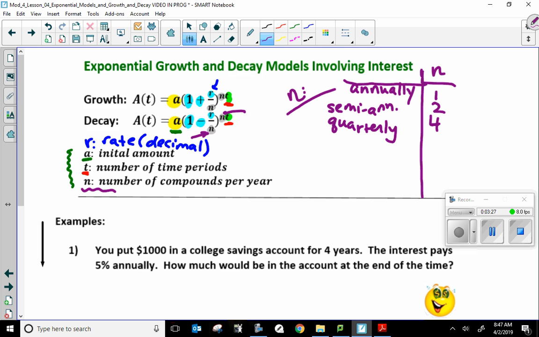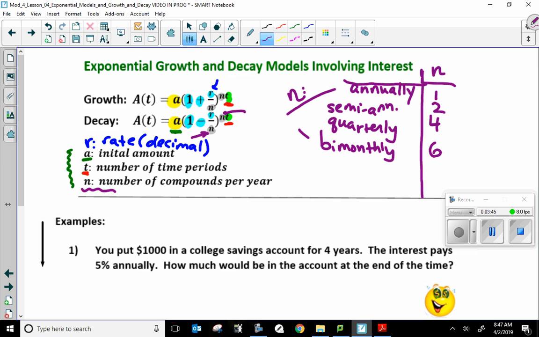And what would be after quarterly? Bi-monthly? I hate to use that term. If they say bi-monthly, that's every 2 months, so that would be 6 times a year.